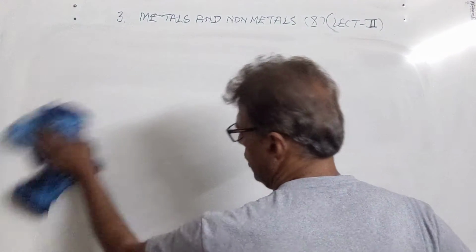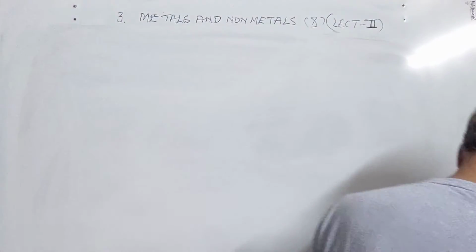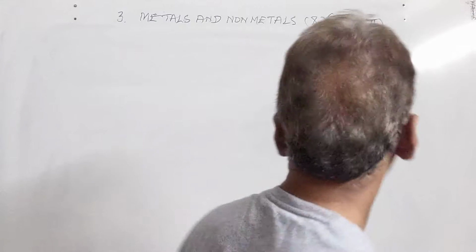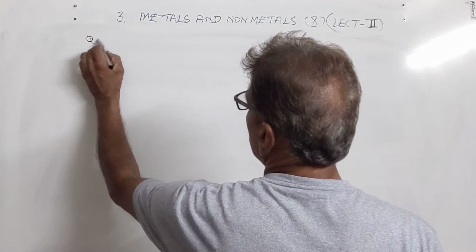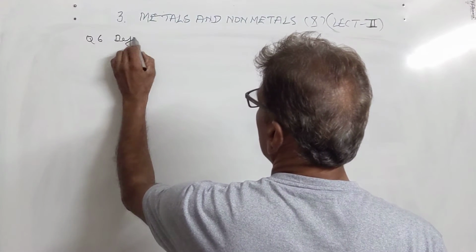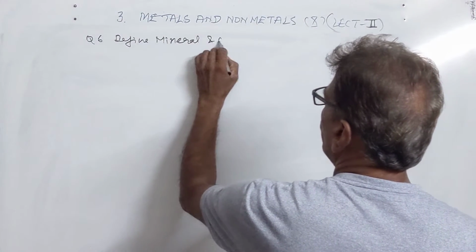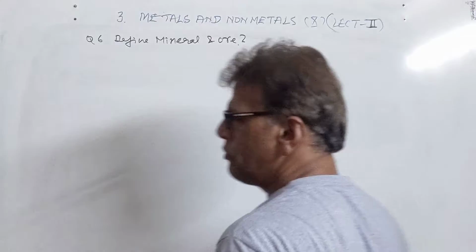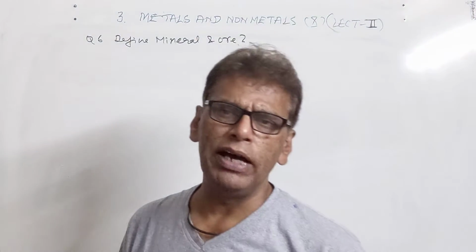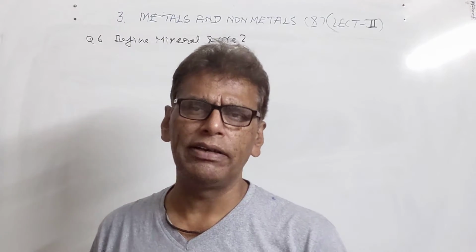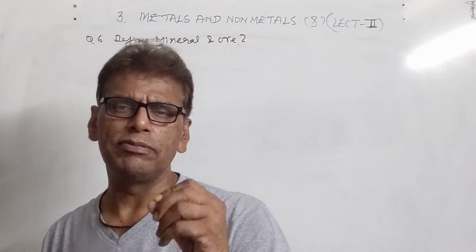So our next question is question number 6: define mineral and ore. What is a mineral? Any combined state of the element, whether present in the form of chloride, sulfide, sulfate, or carbonate, is a mineral.